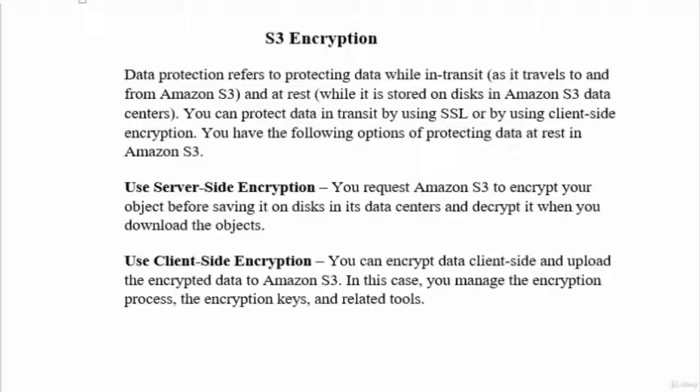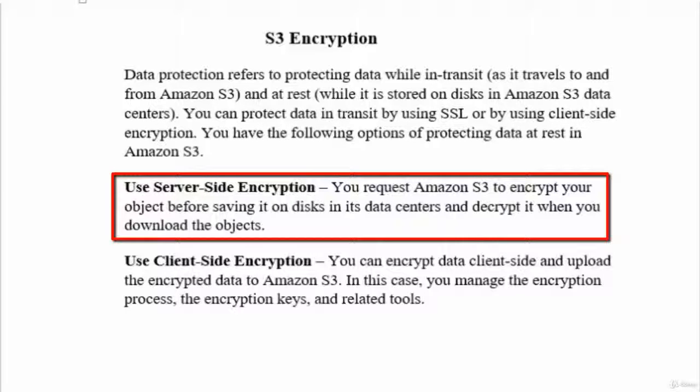There are two types of encryption provided by S3: server side encryption and client side encryption. In server side encryption, you request Amazon S3 to encrypt your object before saving it on disk in its data centers, and decrypt it when you download the objects.